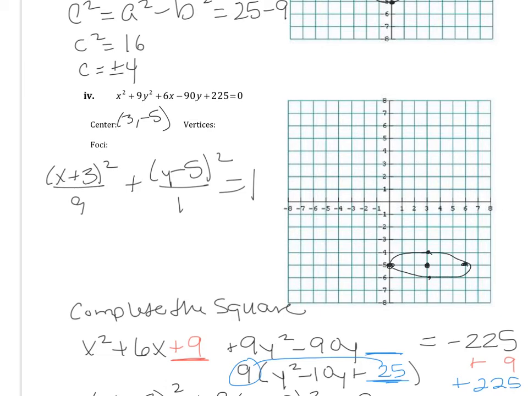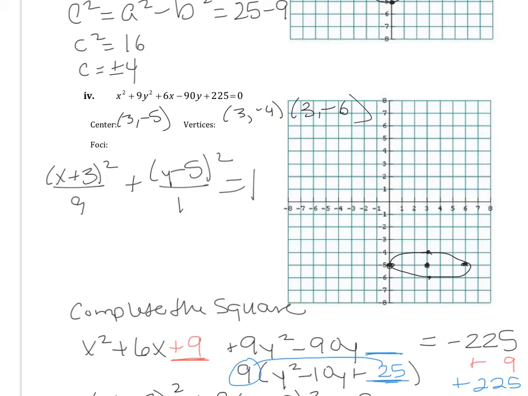Alright, so my vertices are (3, -4) and (3, -6), which again makes sense, right? Because we're at an x value of 3, just like the center, and then -4 and -6 are both 1 unit away from -5, and that's what this 1 here is indicating.